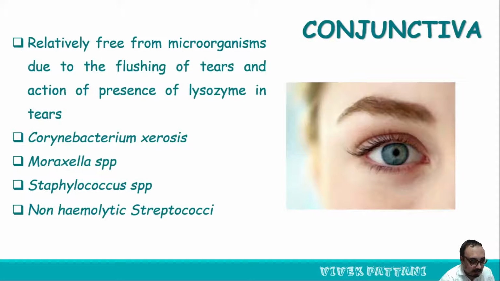The normal conjunctival microbiota has still not been characterized well, but does exist. Okay, there are about 12 genera identified till now which are present consistently in the conjunctiva, and these microbes are thought to help protect the membranes against pathogens.